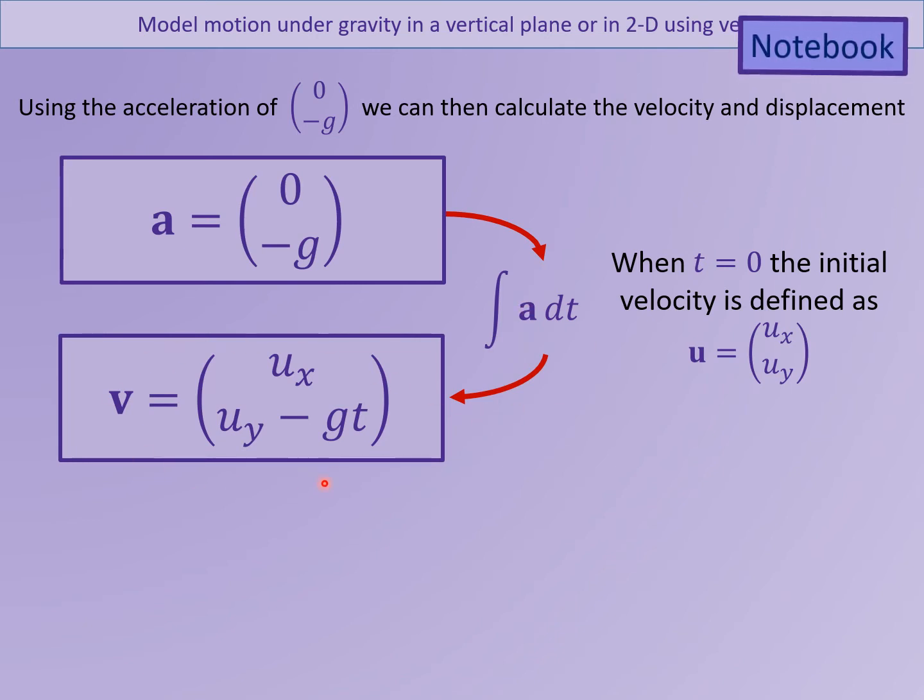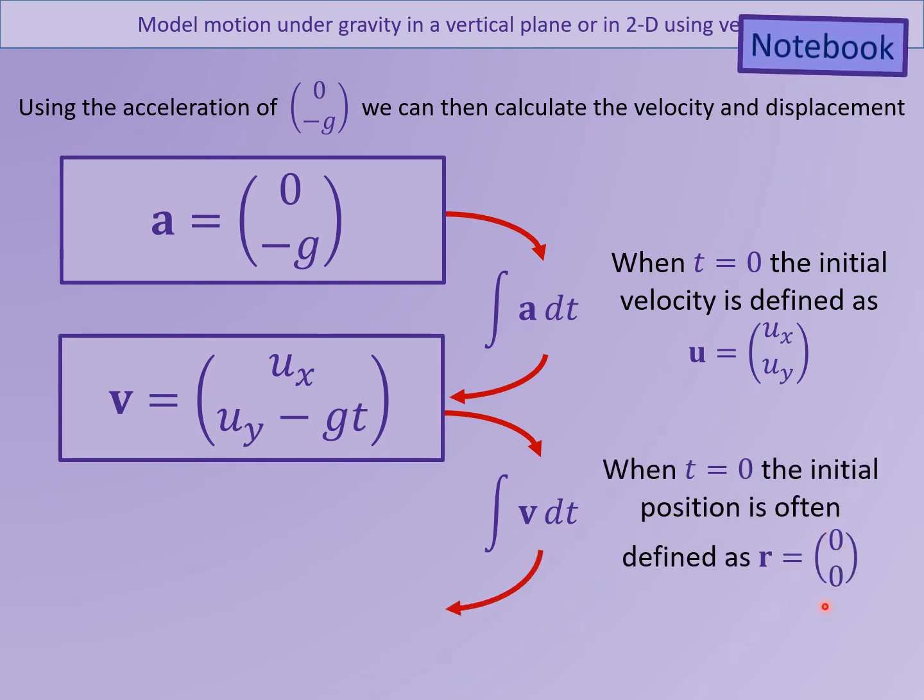Okay, so I've got velocity. As long as I've got an initial velocity there and there, I can work out velocity. Can I use that to get my displacement? Yeah, I integrate it again. If I integrate it again and I take my initial position as 0, 0, I could have different start positions, but my recommendation to you is always to start at 0, 0 as your starting position.